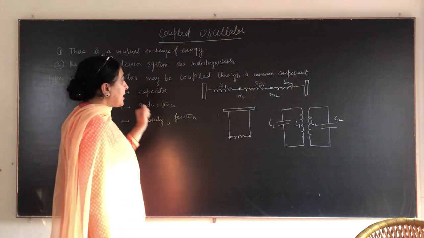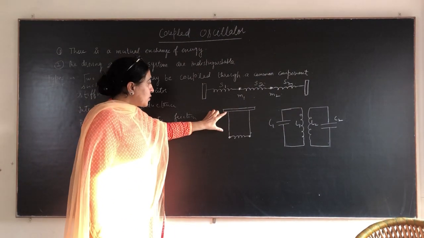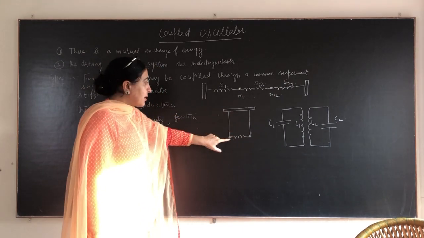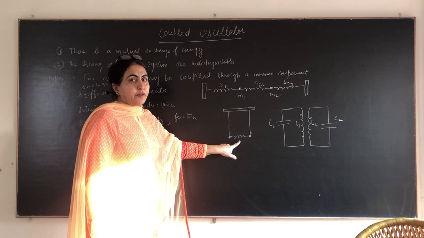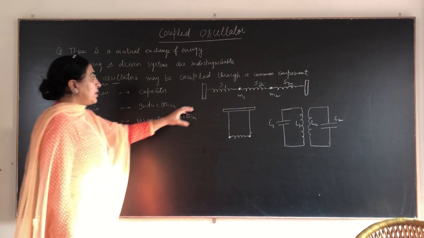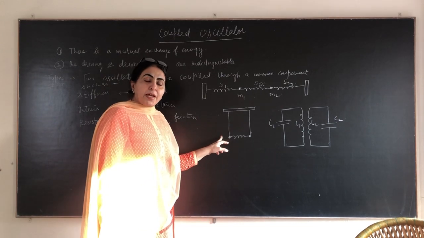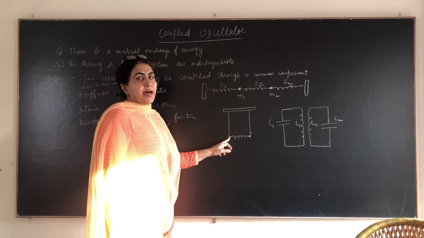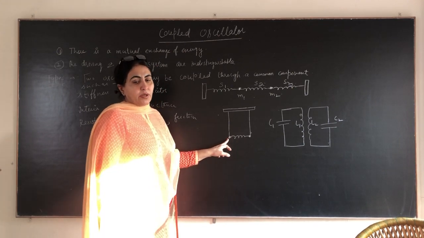Okay? Then these are the two pendulums. One pendulum is this, the second pendulum is this, and they are coupled together with the help of a spring. So this is also an example of a stiffness coupled oscillator, and this is a stiffness coupled pendulum.